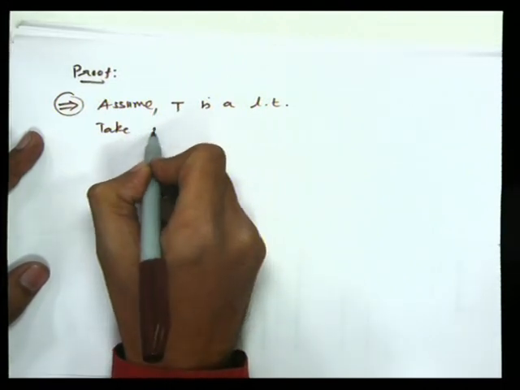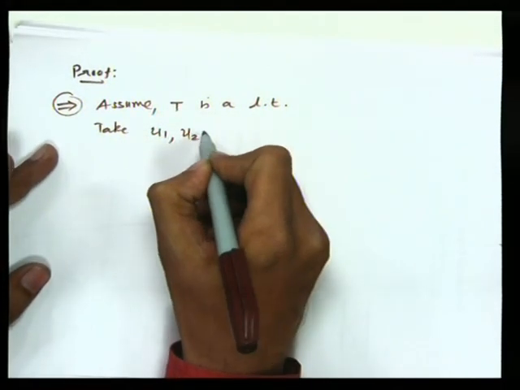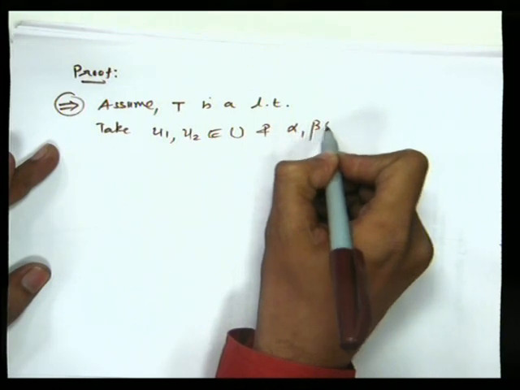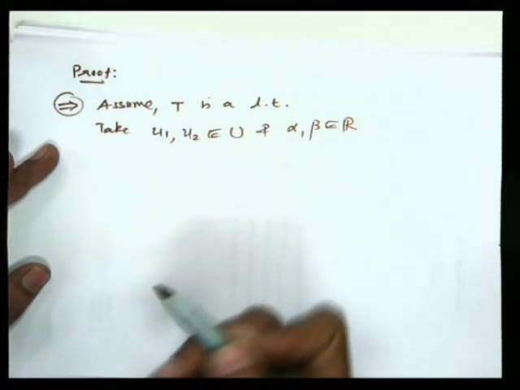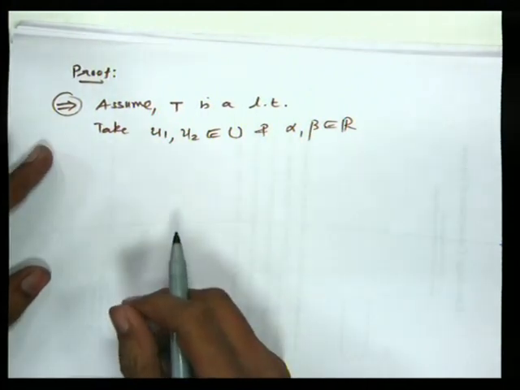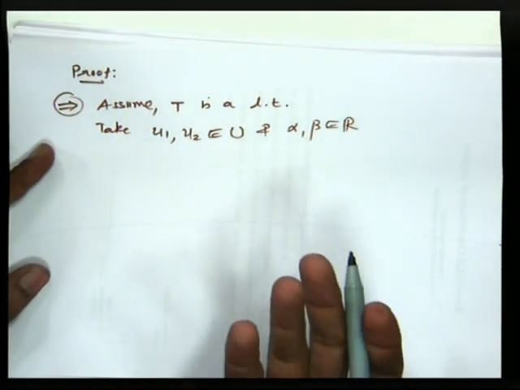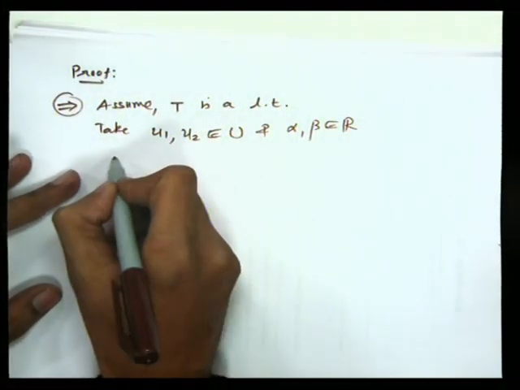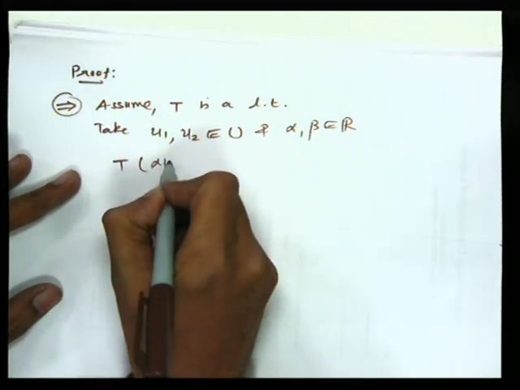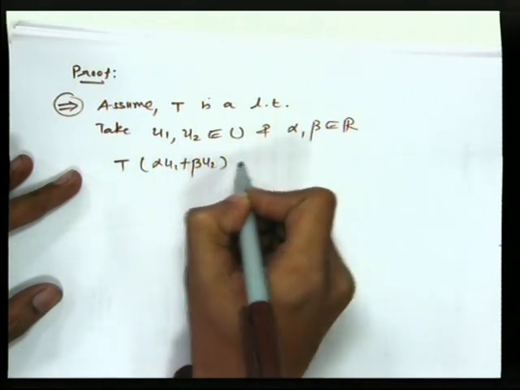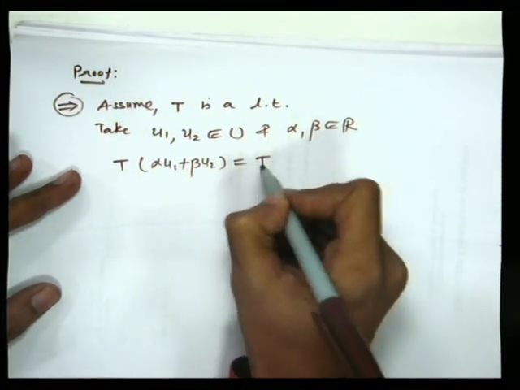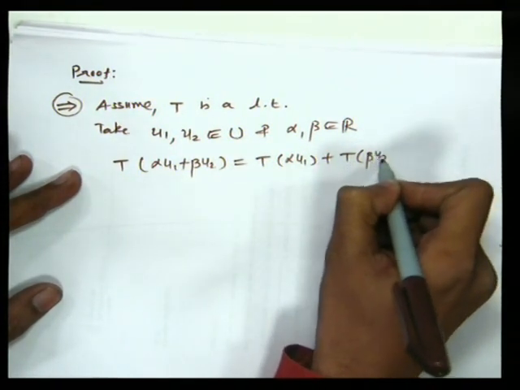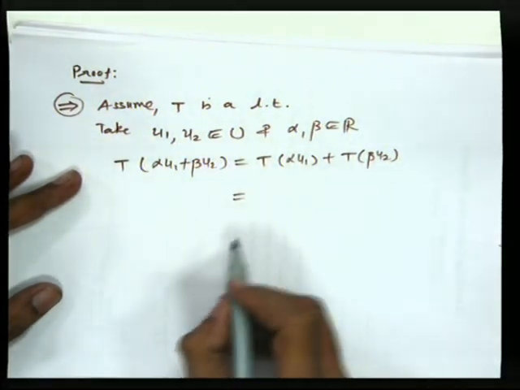Take two vectors u1, u2 belonging to U, and any two scalars alpha, beta belonging to R. Here we are taking real vector spaces, so we take scalars alpha, beta in R. Since T is a linear transformation, T of alpha u1 plus beta u2 equals T of alpha u1 plus T of beta u2 by condition 1 of the definition.